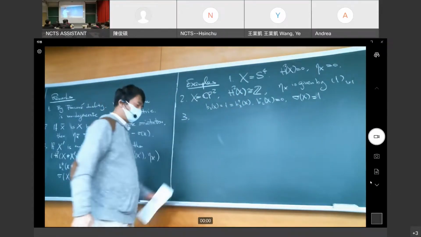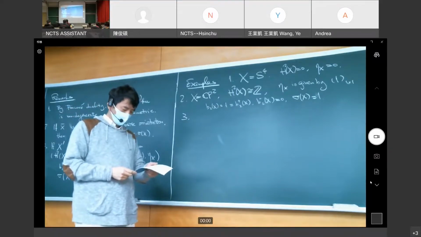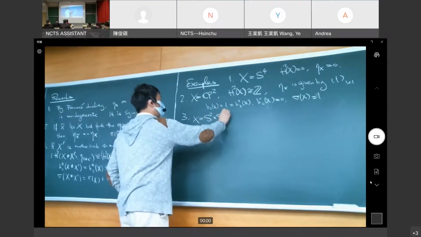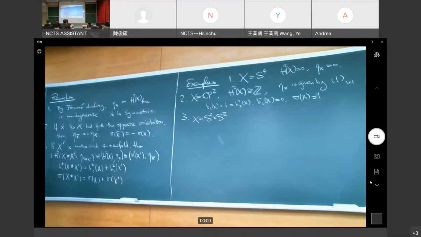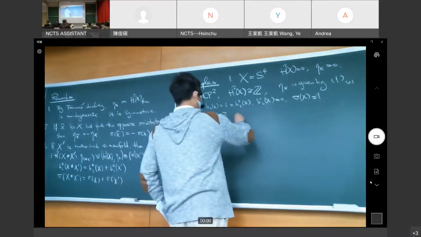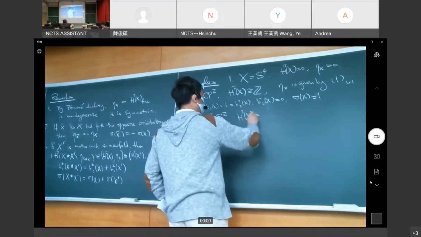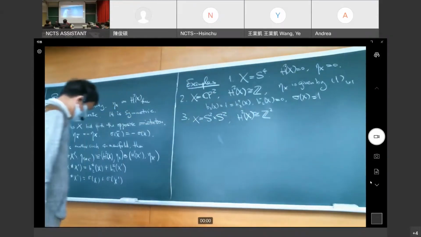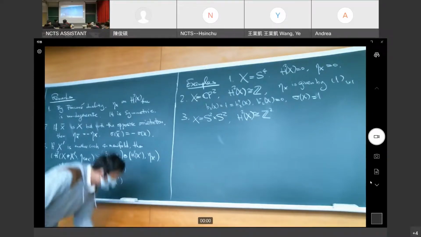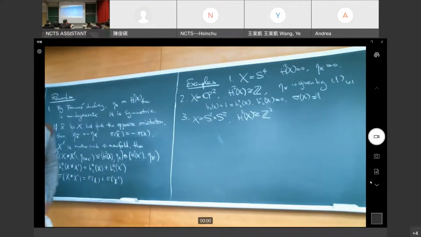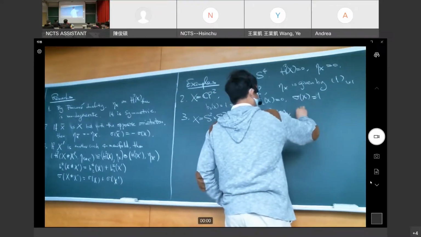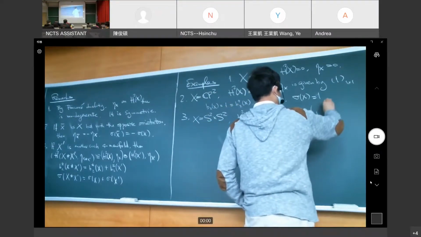The third example is where we go to a higher rank of H2. In this case H2 is Z plus Z, and the intersection form is this matrix.